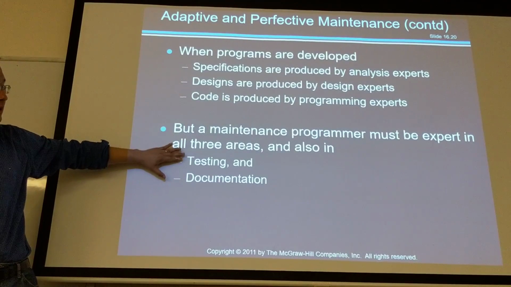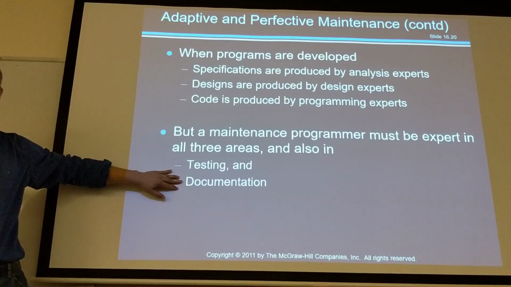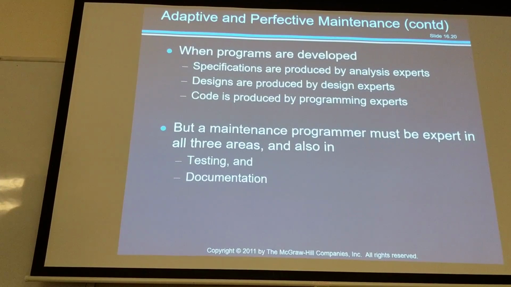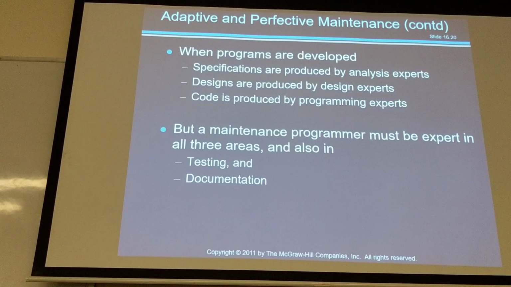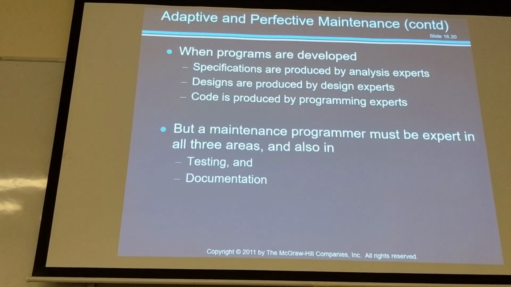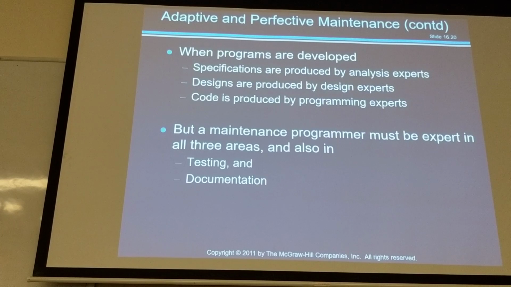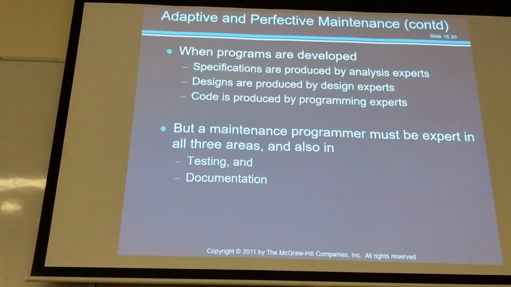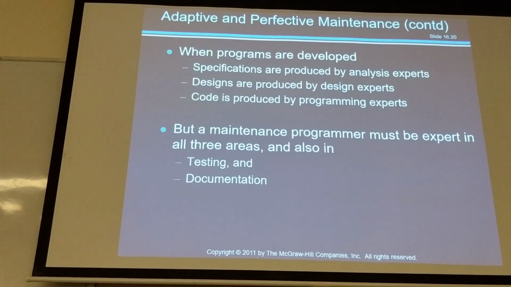You also need to do testing and documentation. That's why a software developer today has to participate in all the activities in software development: requirement, high-level design, detailed design, coding, testing, documentation. Then in maintenance, you do all these things again and again, until your software system is retired.